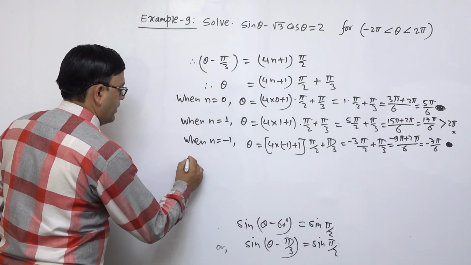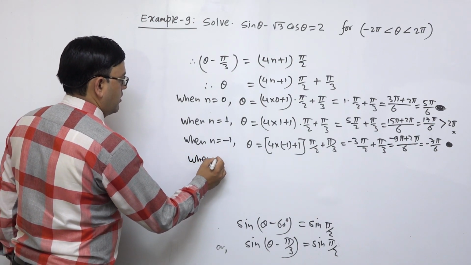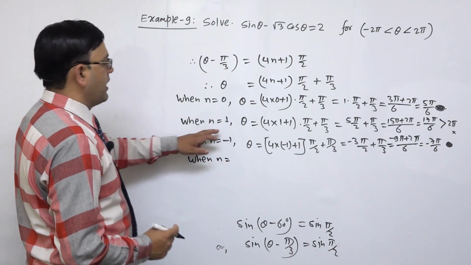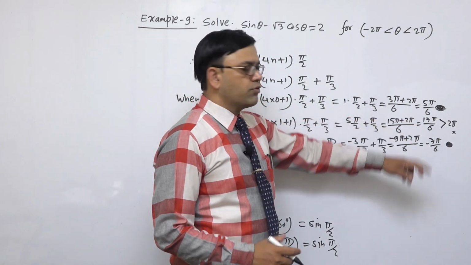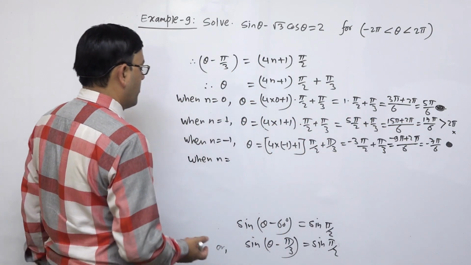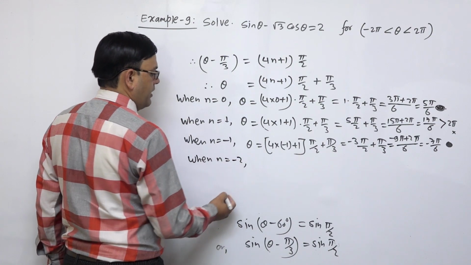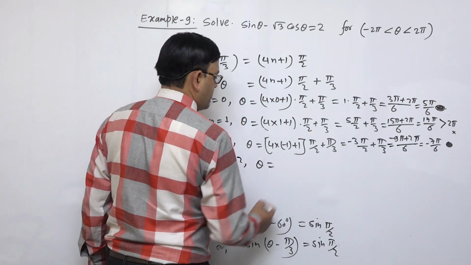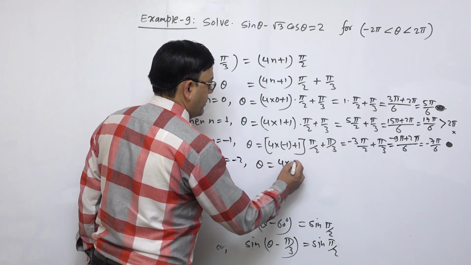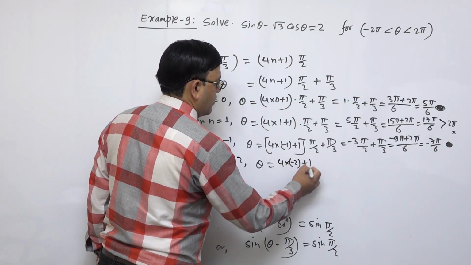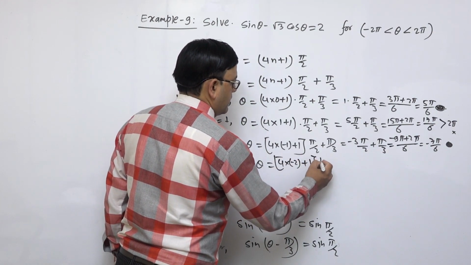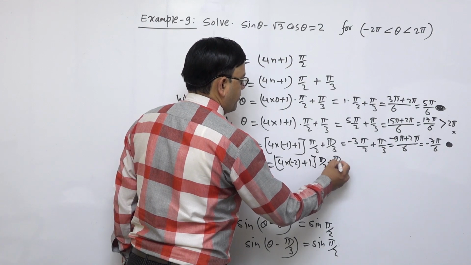Again, when n is equal to 1 it was already too high, so we do not need to try 2. Now from minus 1, let us check minus 2. Theta is equal to 4 times minus 2 plus 1 times pi by 2 plus pi by 3.